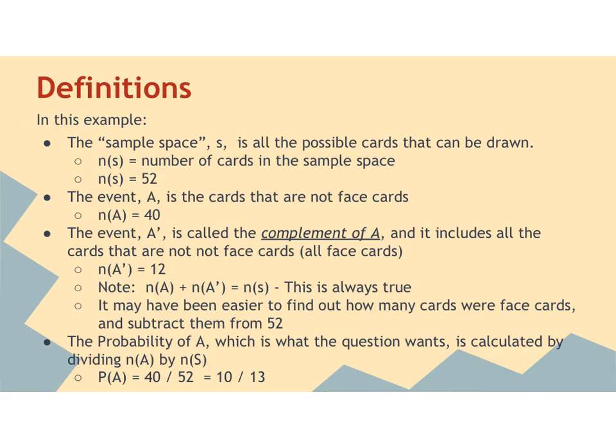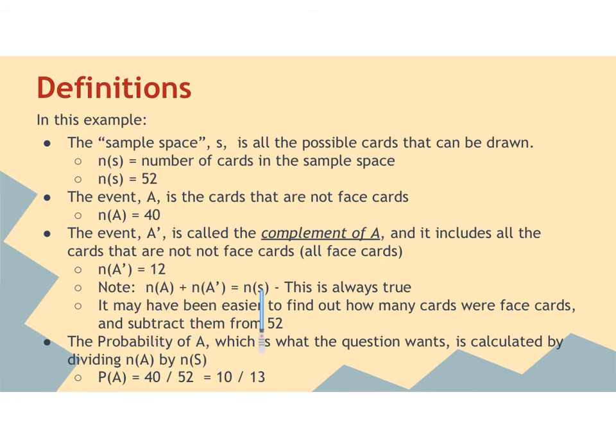In this example, the sample space, S, and we really should have a capital S there, is all possible cards, and so N of S is 52. A, the number cards, the things that aren't face cards, is 40 of them. A complement, and these are just definitions, is everything not a number card, so the face cards, and there are 12 of them.